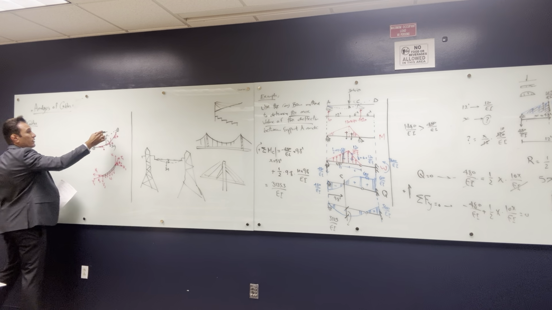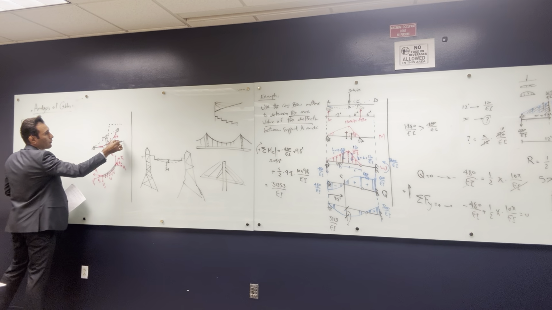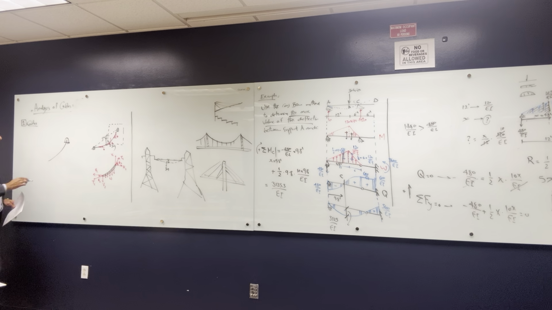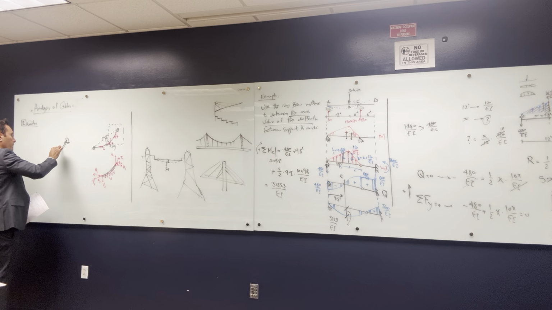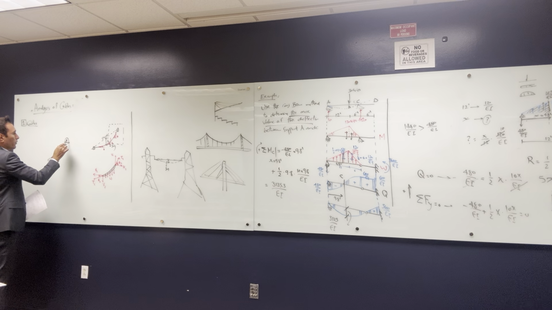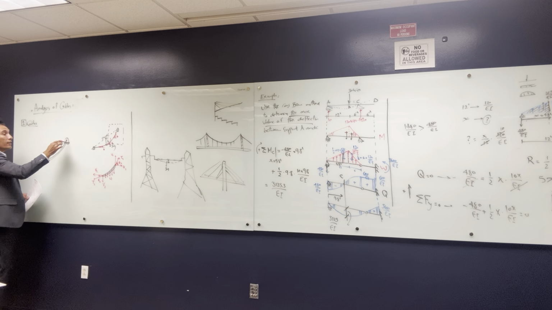So let me look at this cable, like let me take this piece out. I'm gonna have a support here, and my cable is running down something like this, okay? And let's make it like 2D. And my support is somewhere here. If I want to look at this section, it should be stable. The tension in this cable should balance the forces and reactions here.